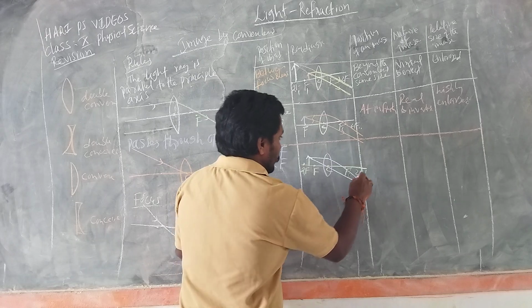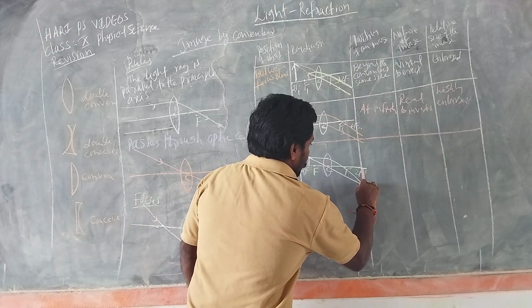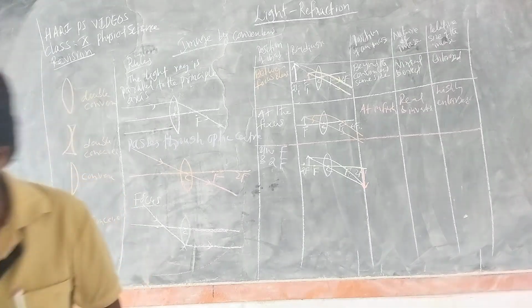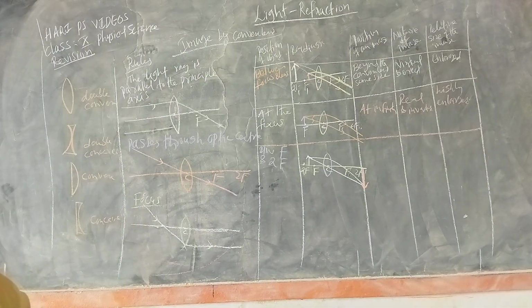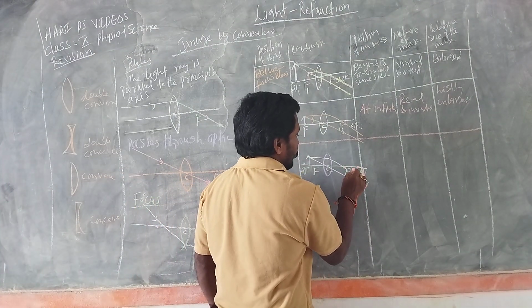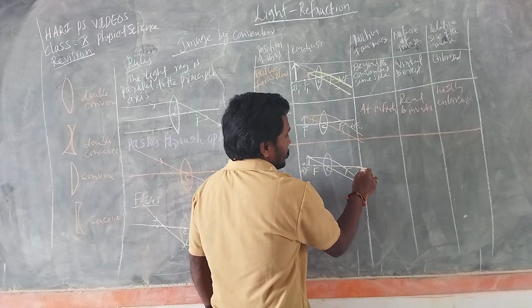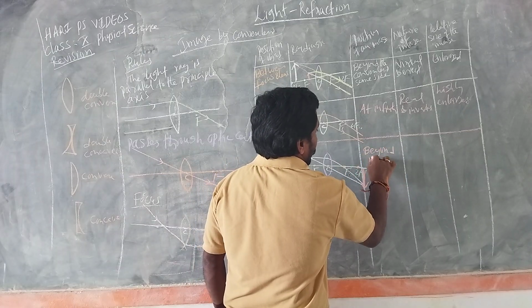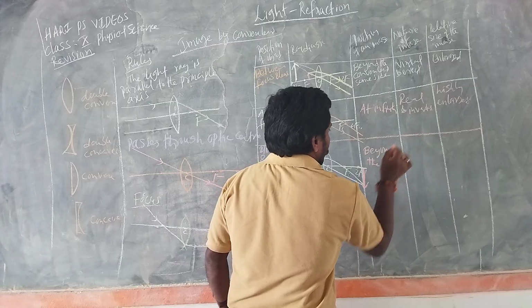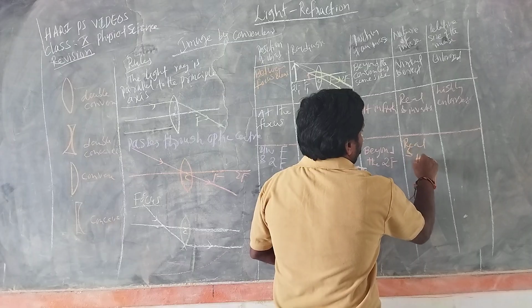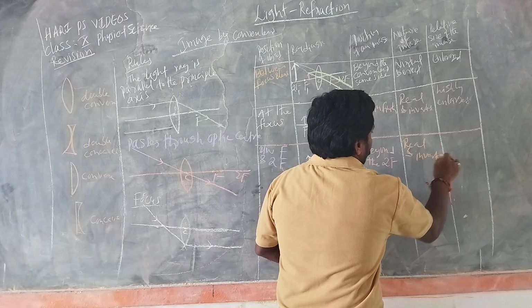Where is the image formed? Here, behind 2F. The image is formed behind 2F. So it is a real and inverted image.